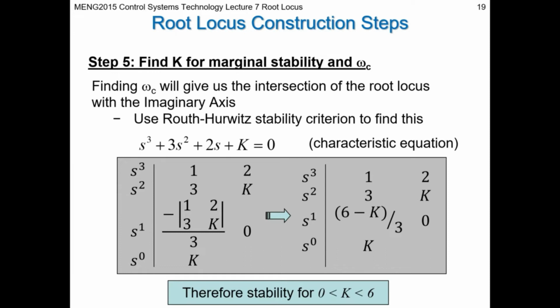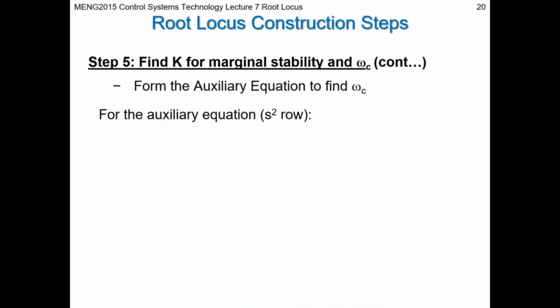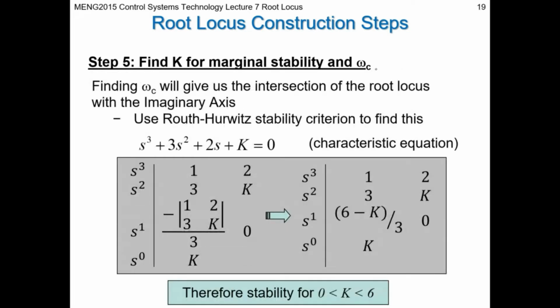So stability is between the values of k of 0 and 6, but we also learned before that we can form what's called the auxiliary equation from the s squared row of the Routh-Hurwitz array. The auxiliary equation will basically just be this row here. Extract this row. And that gives us 3s squared plus k equals 0.